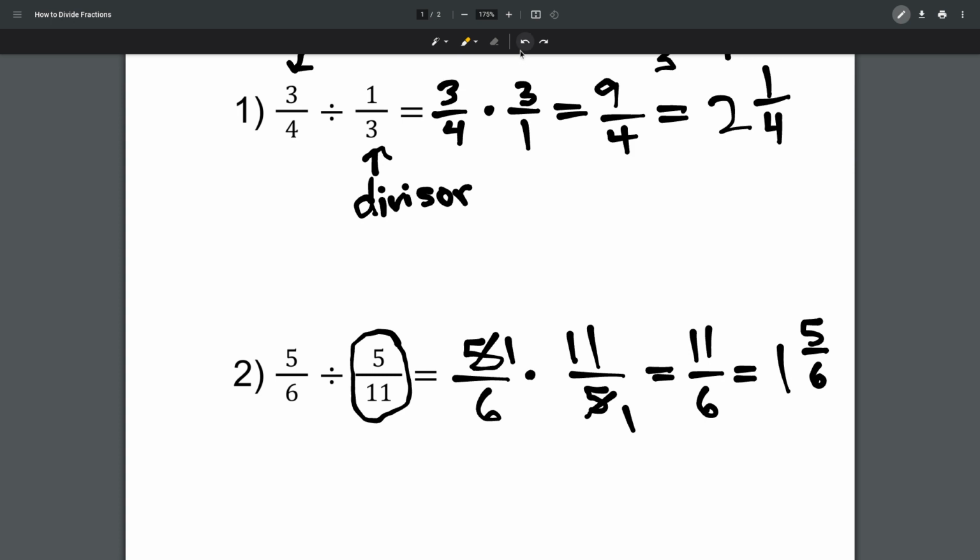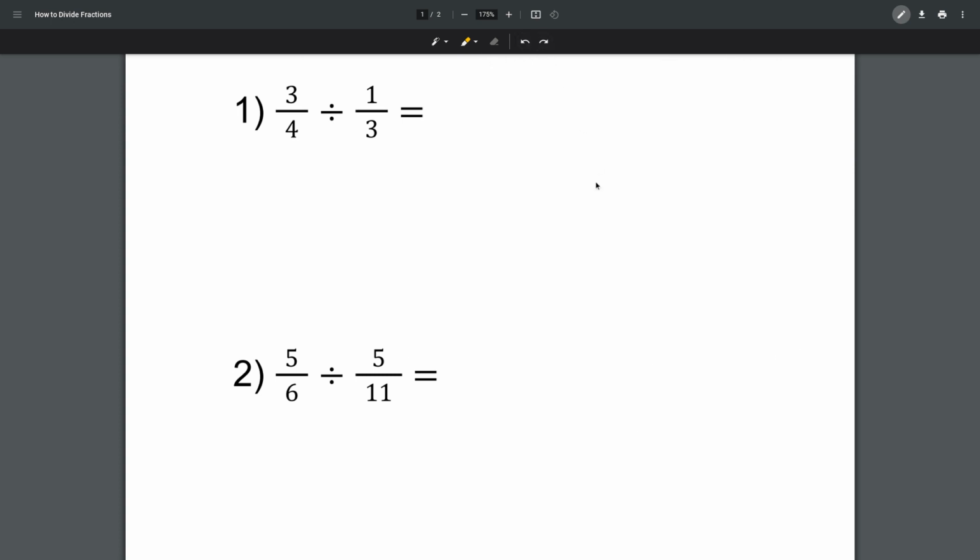Okay, so what we're going to do is rewrite this as 3/4 times the reciprocal of 1/3, which is going to be 3/1.